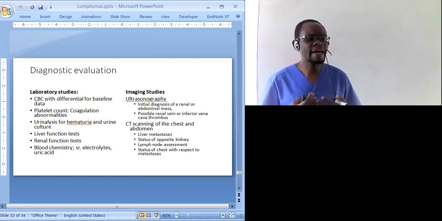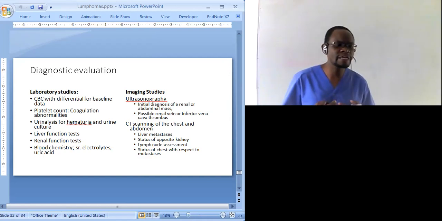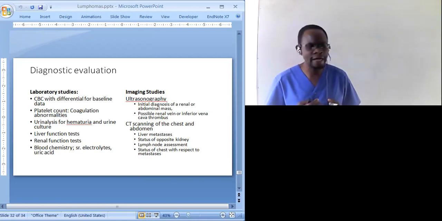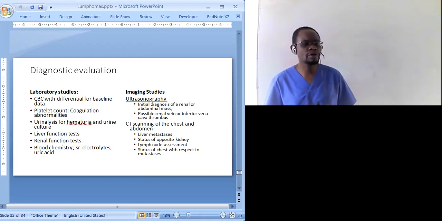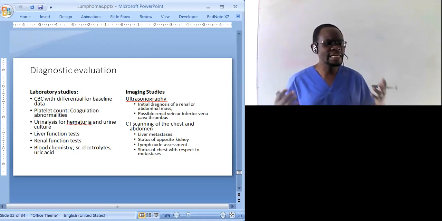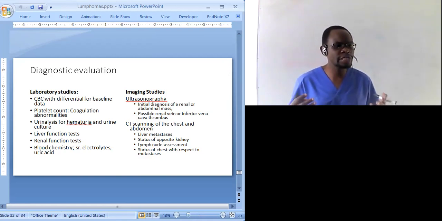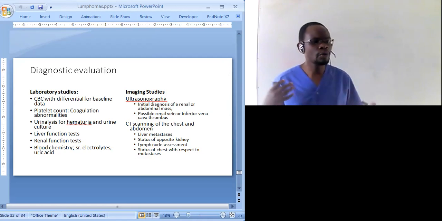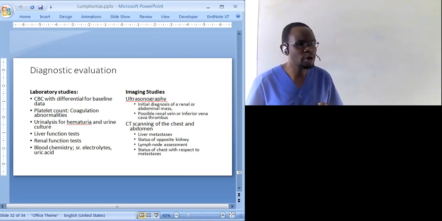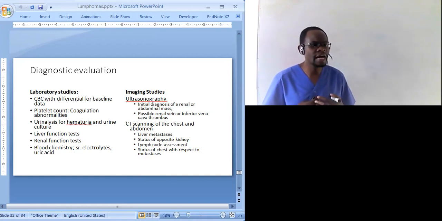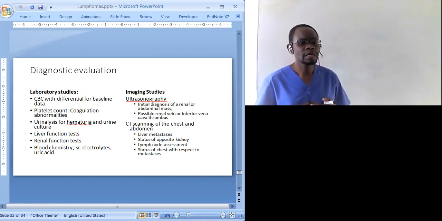And then there are the different imaging studies that are done. Ultrasound sonography is usually done initially for diagnosis of a renal or abdominal mass. We also want to see whether there is any possible renal vein or inferior vena cava thrombosis, because of the metastasis we talked about.